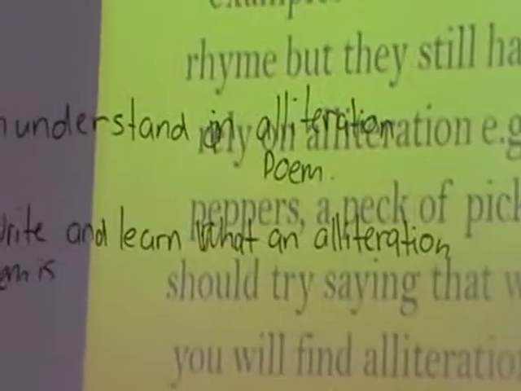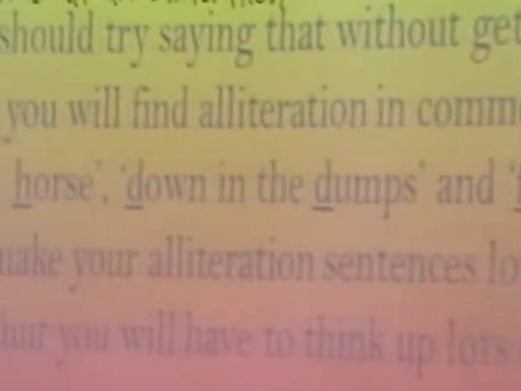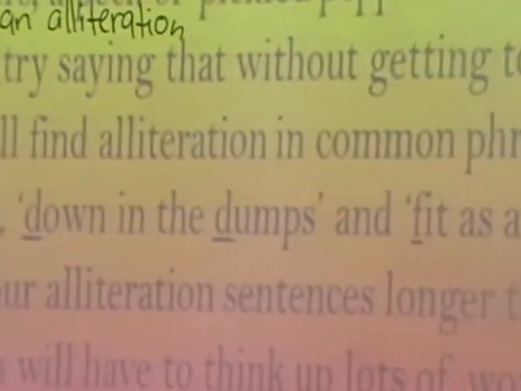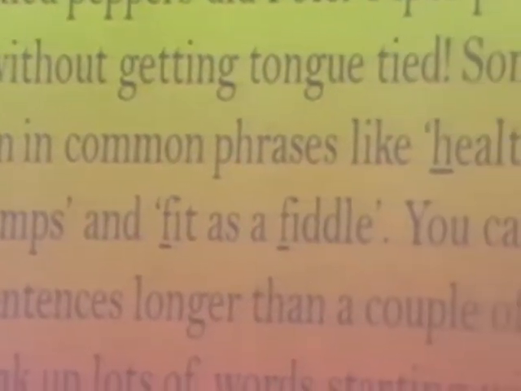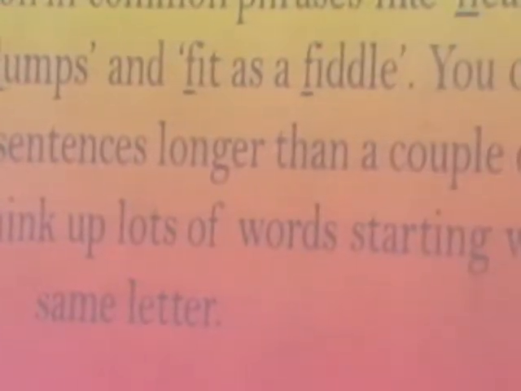You should try saying that without getting tongue-tied. Sometimes you find alliteration in common phrases like healthy as a horse, down in the dumps, and fit as a fiddle. You can also make your alliteration sentences longer than a couple of words, but you will have to think of lots of words starting with the same letter.